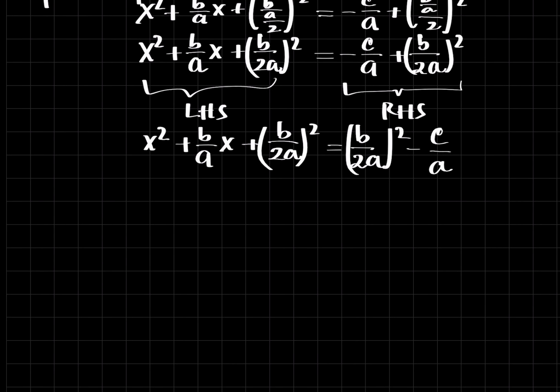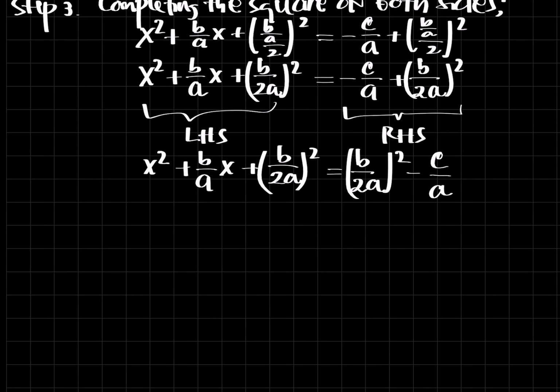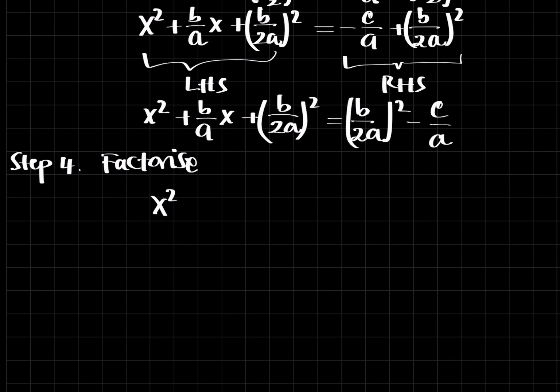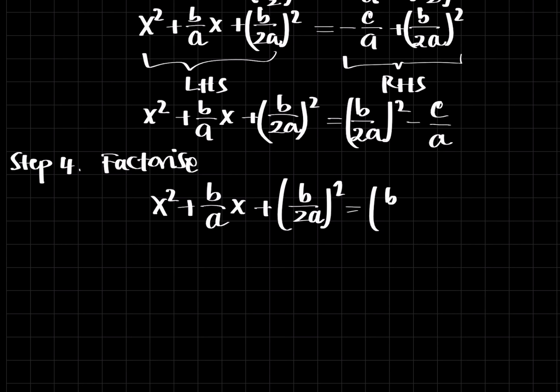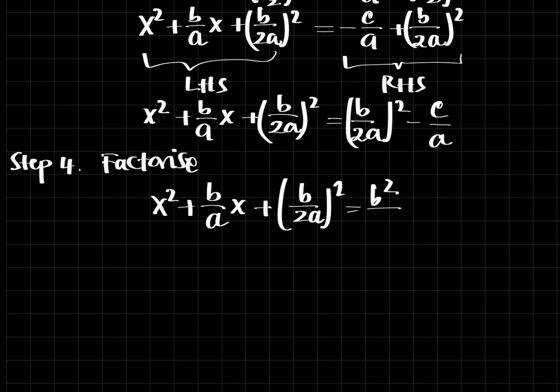The next step, step 4, we have to factorize. So x squared plus b over a x plus b over 2a squared, equals b over 2a squared, which I can solve as b squared over 4a squared, minus c over a.